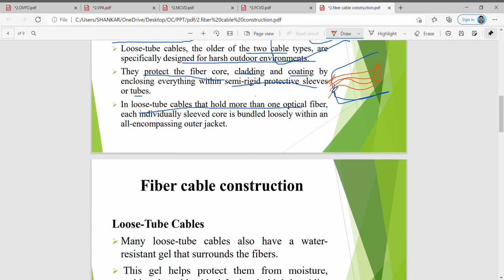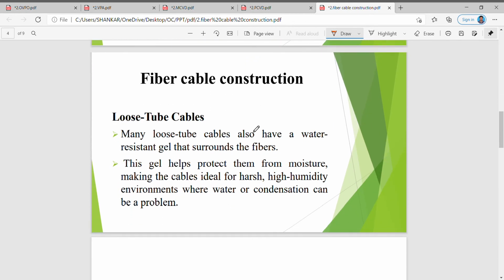In loose tube cables that hold more than one optical fiber, each individually sleeved core is bundled loosely within an outer jacket. The cores are bound loosely; there is no strict bond to each other.